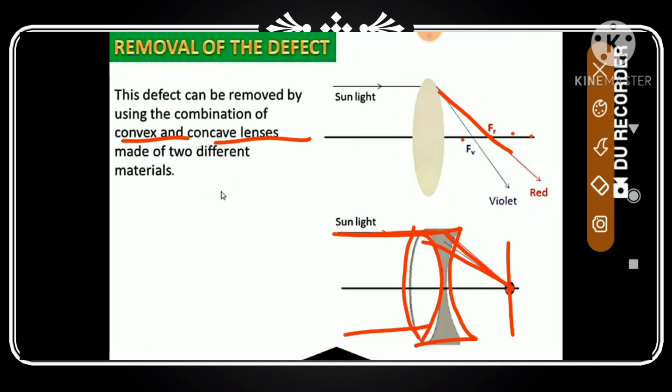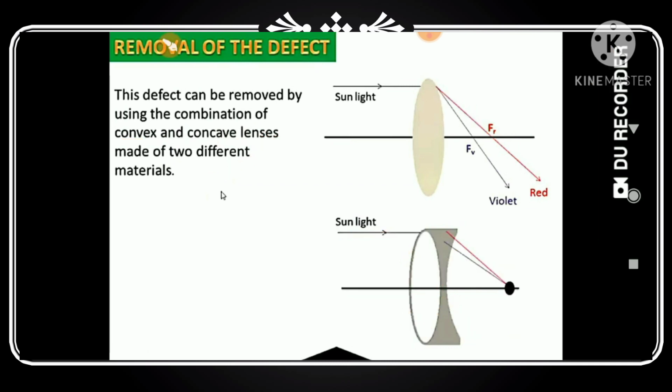These two lenses are made up of two different materials. Using the combination of these two lenses, we remove the defect of chromatic aberration. This is the removal of the defect, and we get a well defined image.